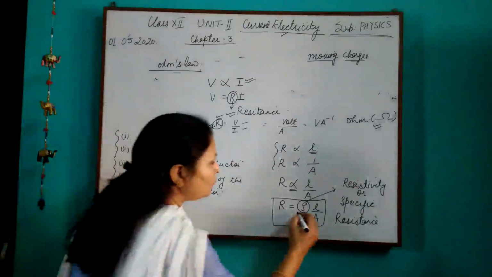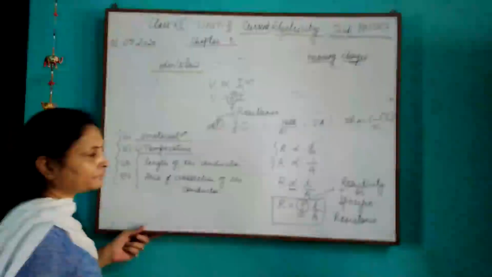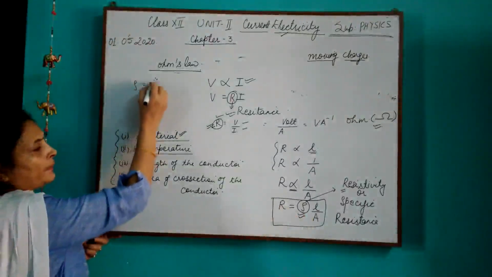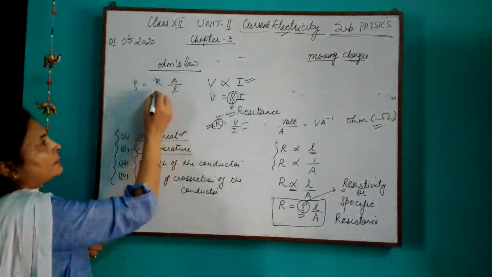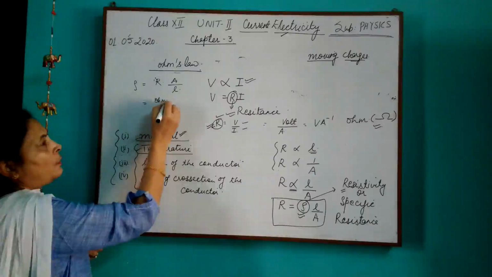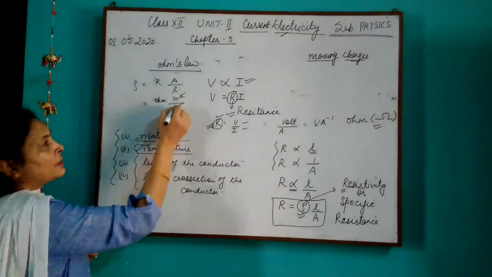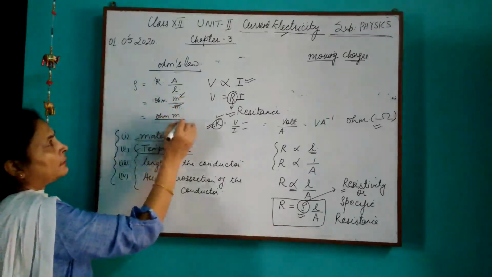Now what is the unit of resistivity first, and then we'll try to define resistivity. So resistivity will be R A upon L. So the unit will be ohm meter square upon meter. So this will cancel out, giving ohm meter.